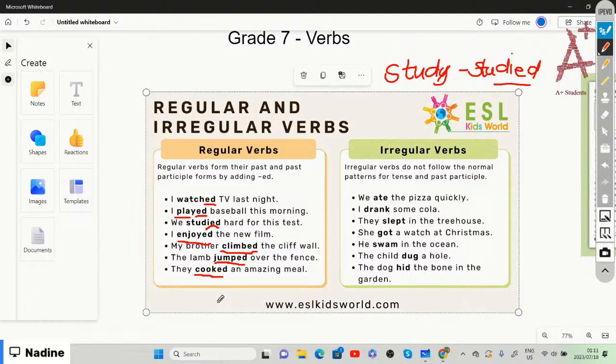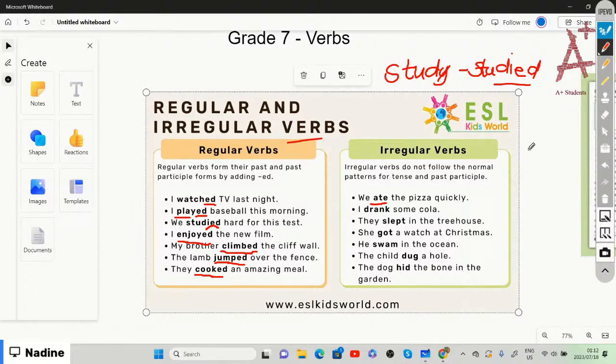So what I'll do is I will try and write the present verbs next to each sentence. All right, so if we look at the first sentence, we ate the pizza quickly. So ate, being the irregular verb that shows past tense.